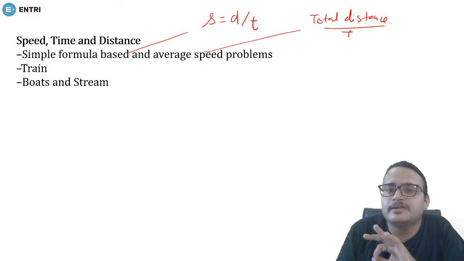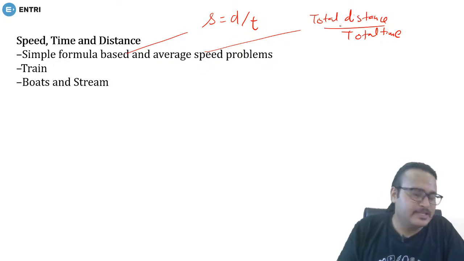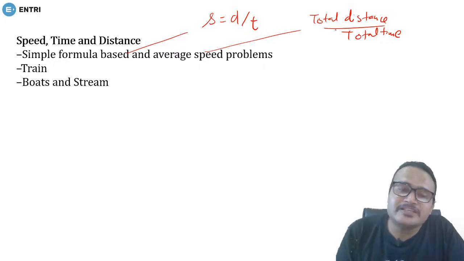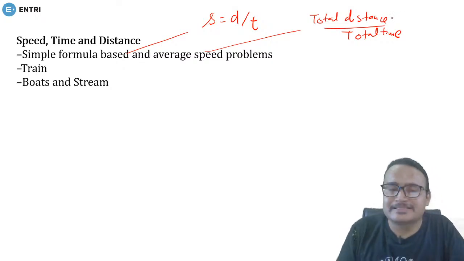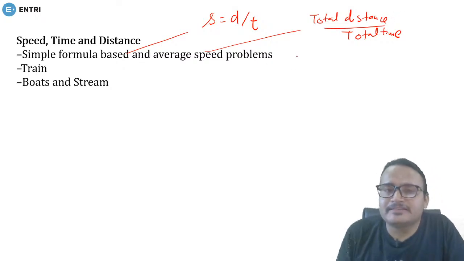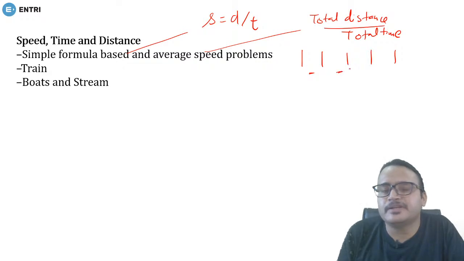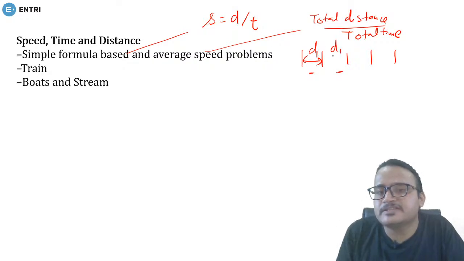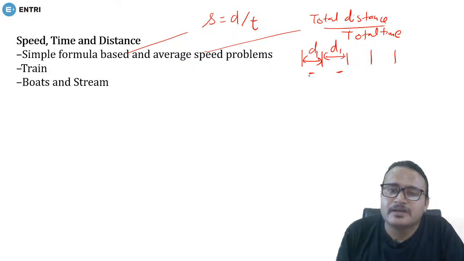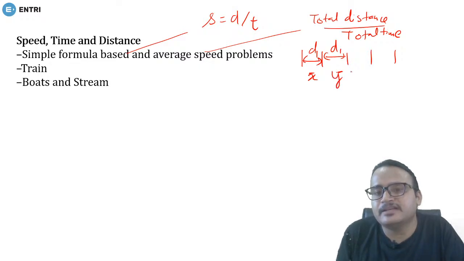Okay, and there is one more interesting thing you must know as far as average speed related problems are concerned. When there are different segments of distance, here is a distance d1 that a car covers at speed x, and here is a distance d2 at speed y.